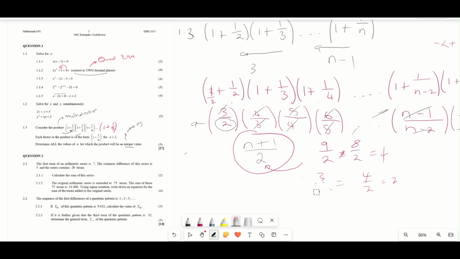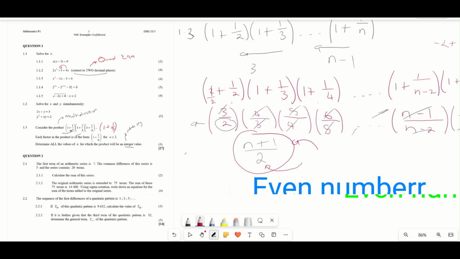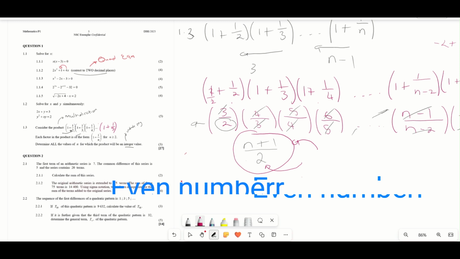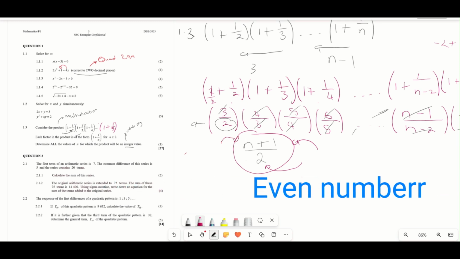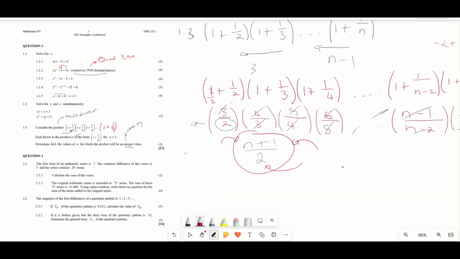So what are you noticing? Well, I'm noticing that a 2 can divide every even number. So that means that here on top I actually need a whole number, right? So what is the value of n that I will place here that will give me a whole number on top?